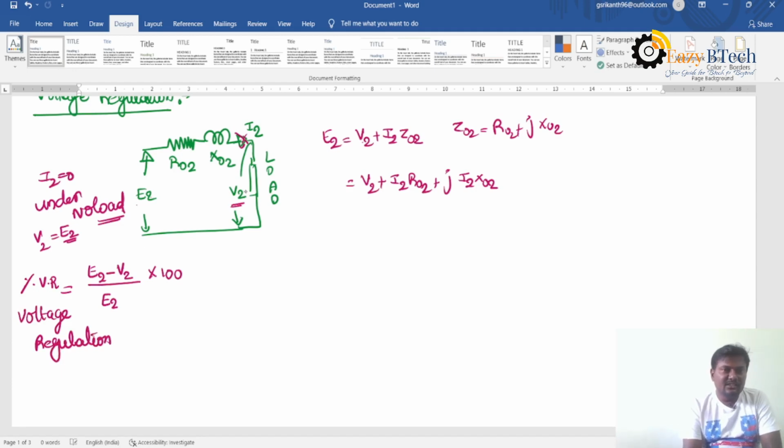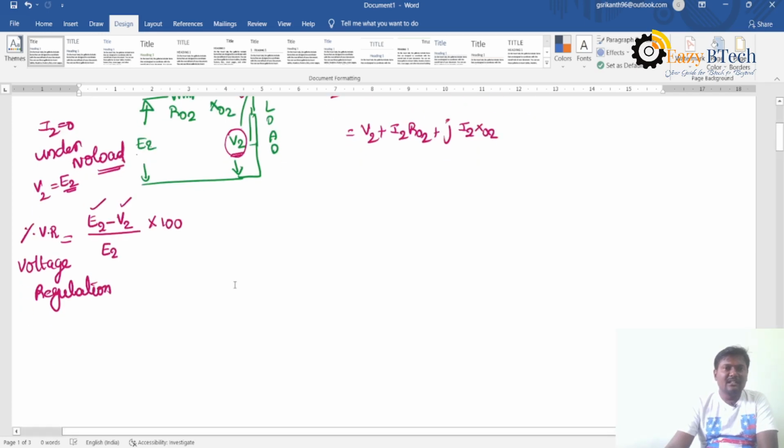It is the change in secondary terminal voltage from no load to full load, expressed as a percentage fraction of the no load secondary terminal voltage. That is the voltage regulation definition.